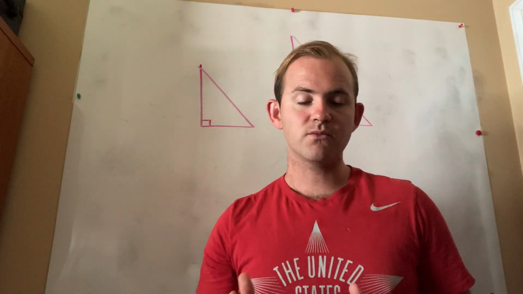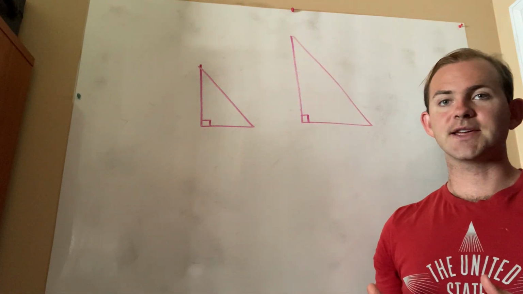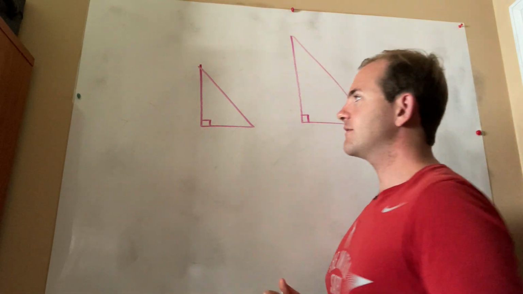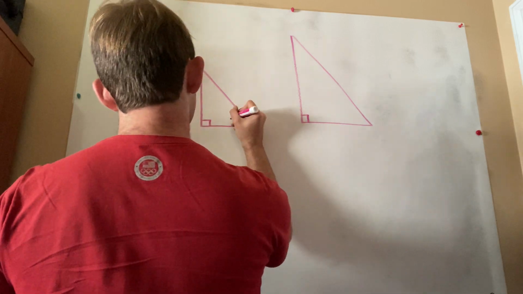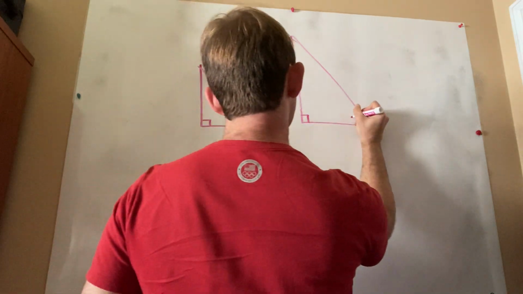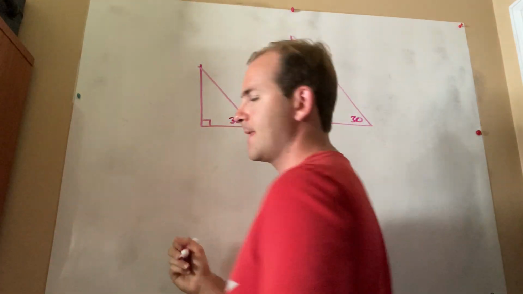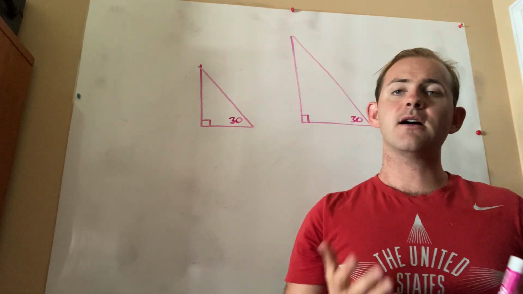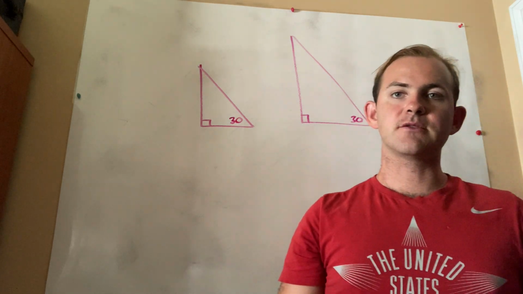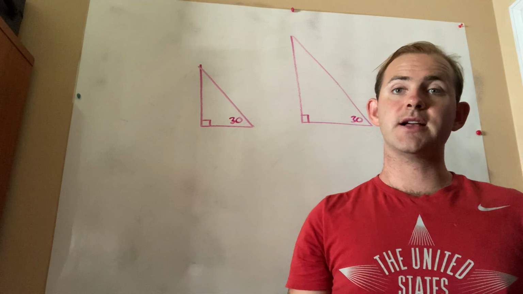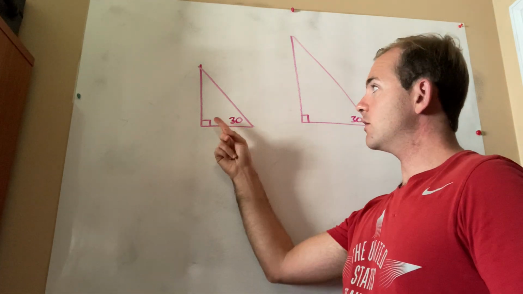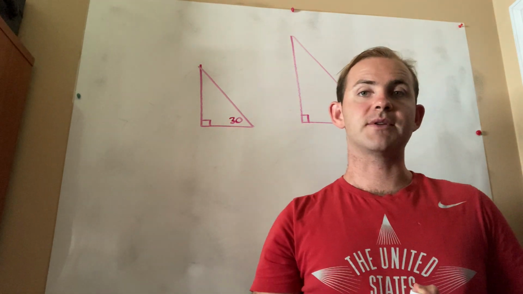And when we're dealing with this in trigonometry, what we're concerned with is the fact that we know that they're similar by angle similarity. In other words, because all the triangles that we're going to be dealing with are right triangles, we automatically know that we have these 90-degree angles in common, right?